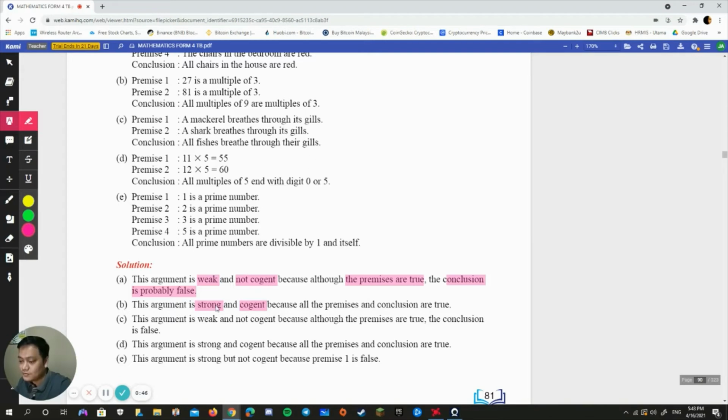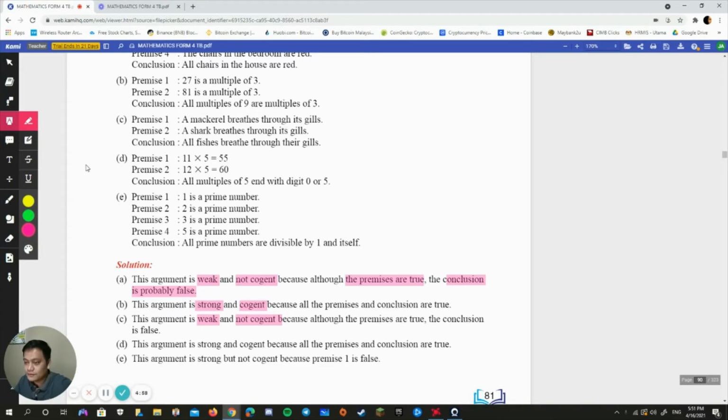So this argument is weak and not cogent, because even though premise 1 and premise 2 are true, the conclusion is false. There are some fish that do not breathe through their gills. What type of fish? You need to Google it. That is your assignment.